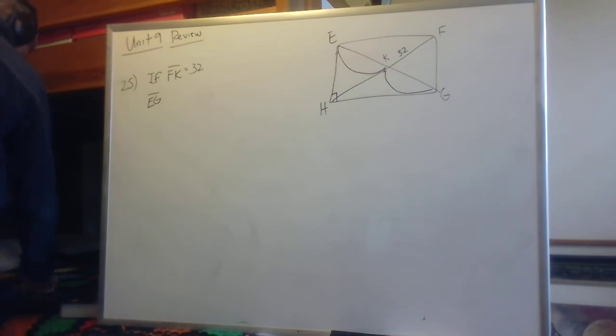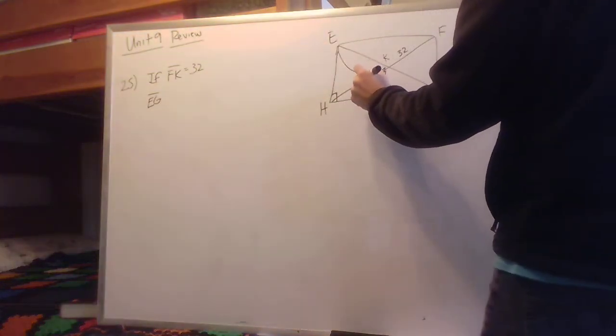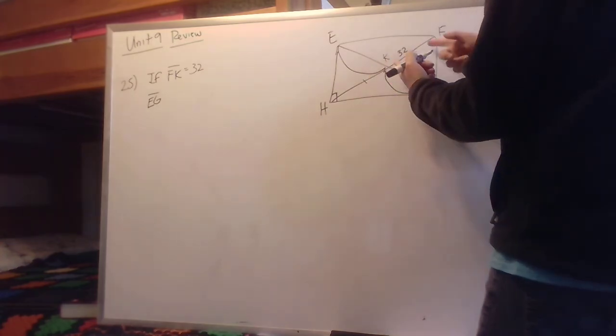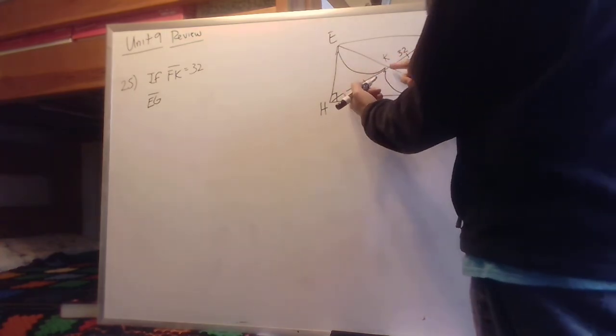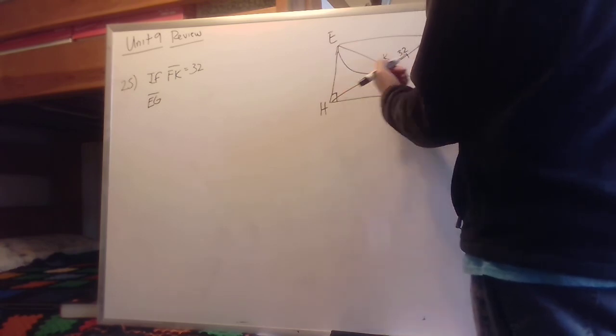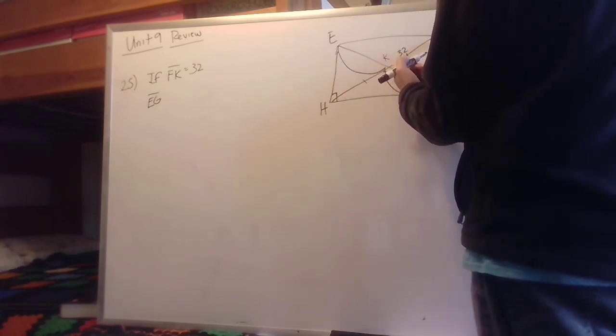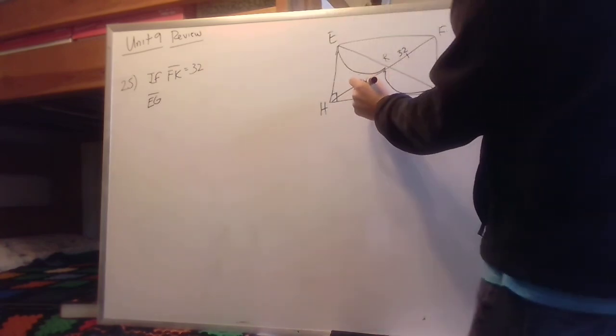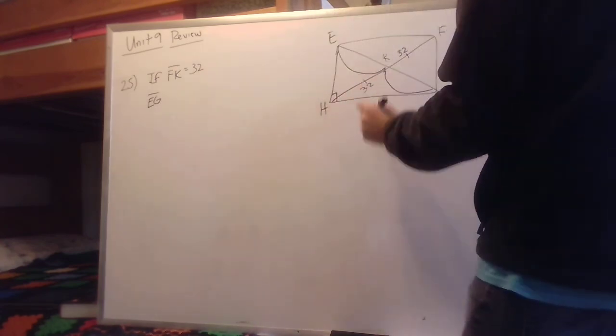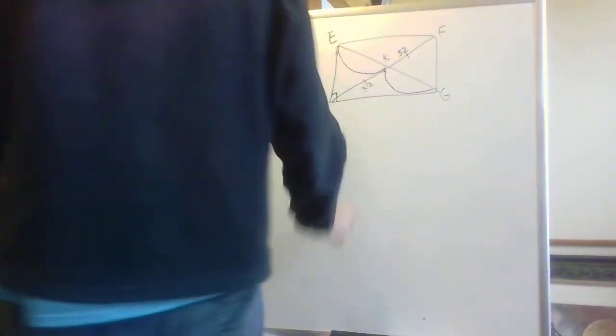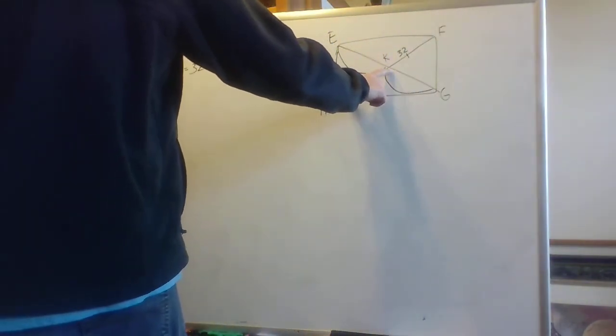According to the properties of rectangles, this is from lesson 3, we know that in a rectangle, these little segments are congruent. So it means that HK is equal to FK. So that means that this other portion is 32 units in length.